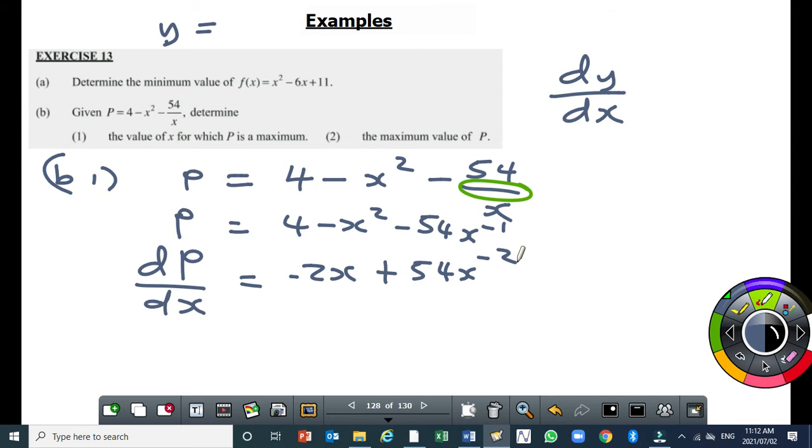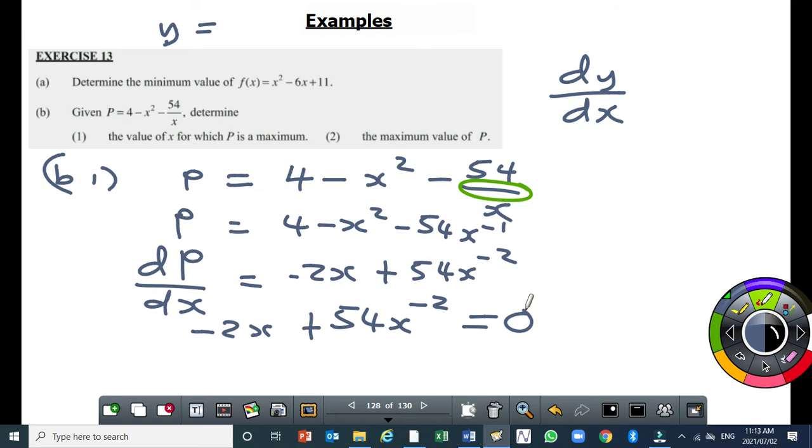So this becomes minus 2x plus 54x to the power of negative 2 equal to 0. You get a mark for equating the derivative to 0. There's 1 mark allocated for that. Right?